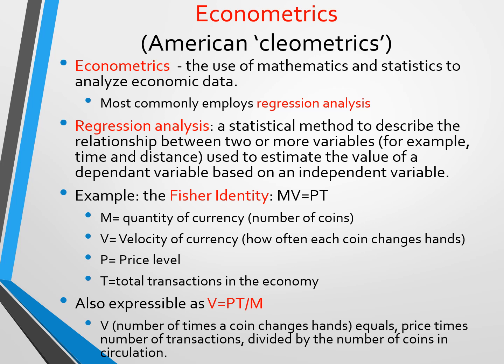This has really grown in importance in the last 20 years as a discipline, econometrics, and it's the kind of big data focused approach that is very much favored by the authors of the History Manifesto at the end of their book. Okay, econometrics is also called cliometrics in the United States and Canada, so keep that in mind.